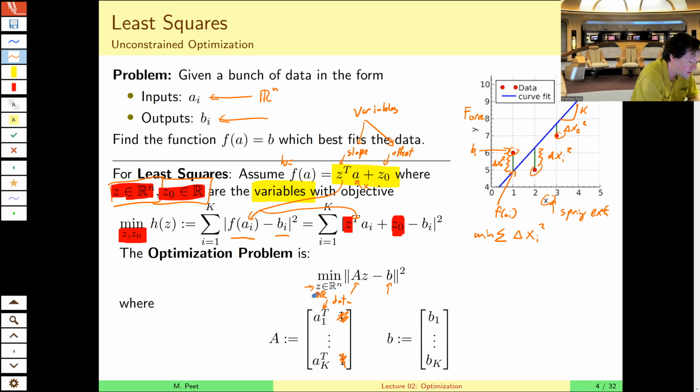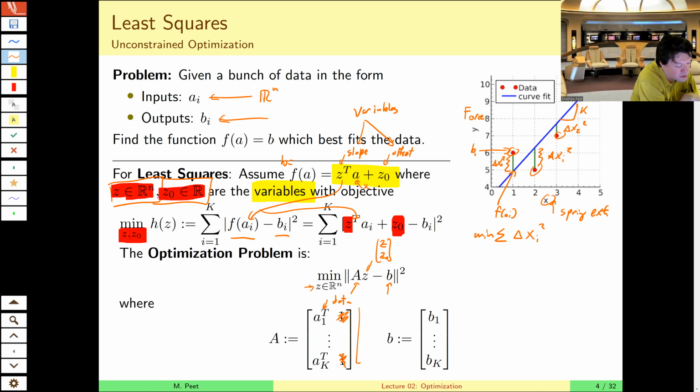So z in R^n, and the last value of z is z naught, I guess. So that's actually z and then z naught there at the end, and that's why we have the 1.